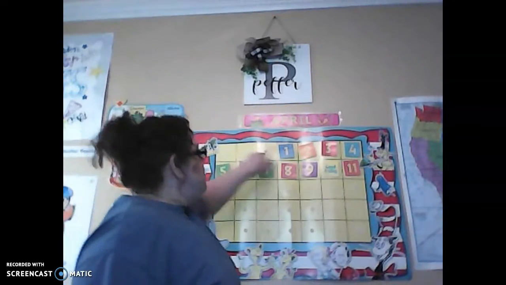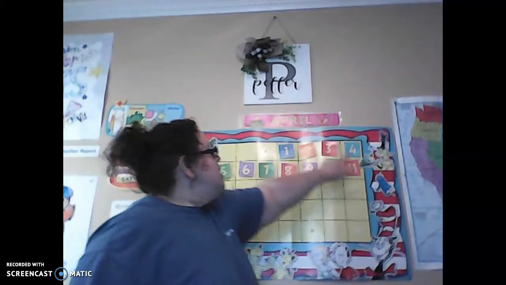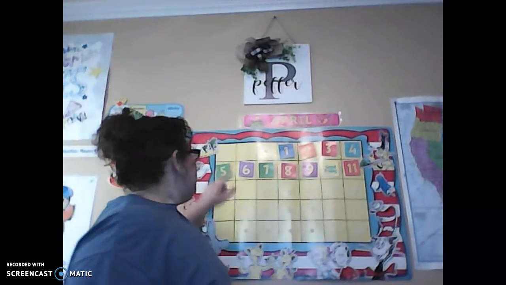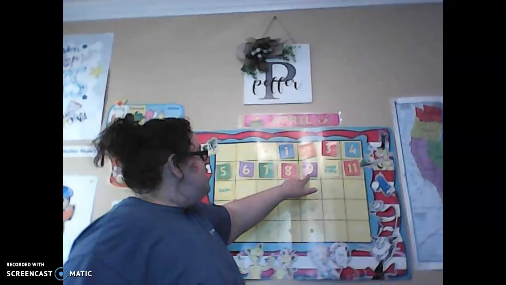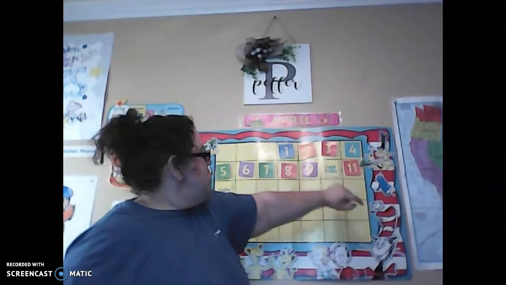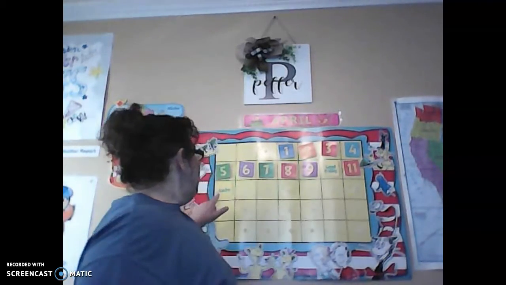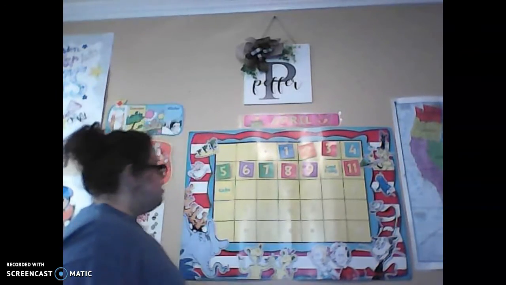All right, let's start with number 1. 1, 2, 3, 4, 5, 6, 7, 8, 9, 10. 10 goes there, right? Then 11, 12, right? Easter was the 12th.